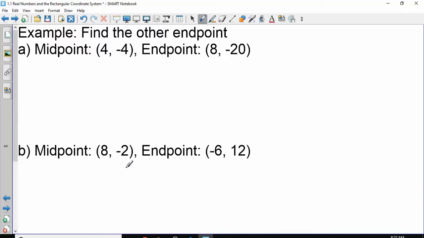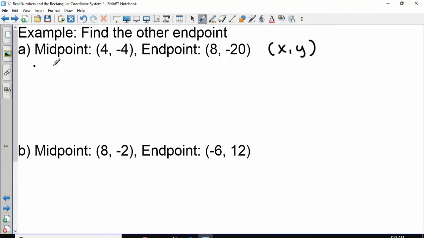The first way, if we do the midpoint formula, I don't know my other endpoint, so I could just call it xy for a second. The midpoint formula says to find the x value of the ordered pair, you add your x's up and divide by 2.